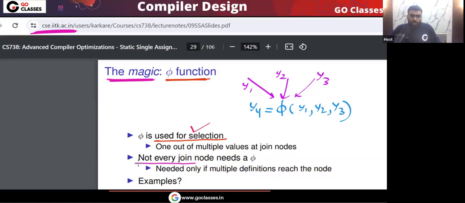Not every join node needs a phi function. Basically, you need a phi function only if multiple definitions are reaching that node. I will give you the example, don't worry. Think about it: from this side, let's assume x is coming and y1 is coming. From this side, x is coming and y2 is coming.